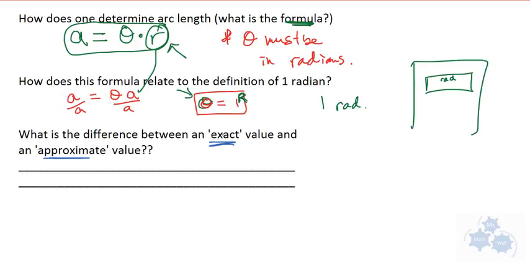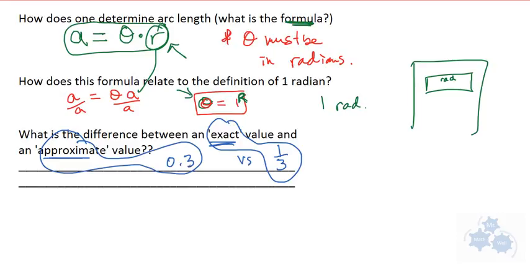So for example, let's take 0.3 versus 1/3. Which one is more exact? Well, 1/3, because if you do that on your calculator, you get 0.3 repeating. So this is exact, and this would be an approximate value.